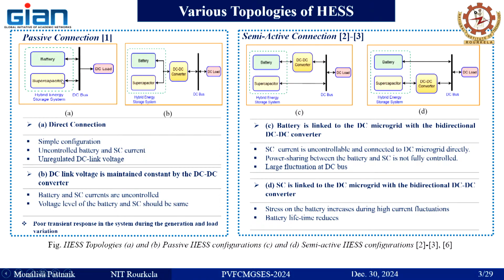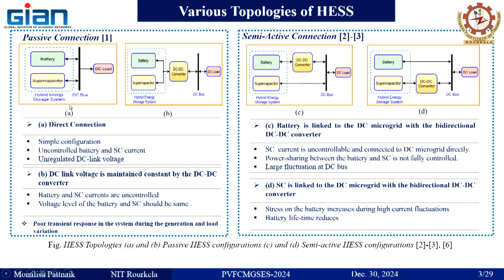If you see the passive topology, shown in figures A and B, in one the battery and supercapacitor hybrid storage unit is directly connected to the DC bus, and in the other both battery and supercapacitor are connected in parallel and interfaced through another DC-DC converter to the DC bus, which is supplying the load.